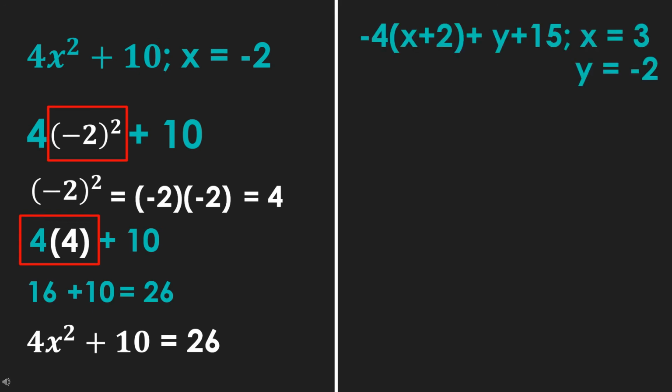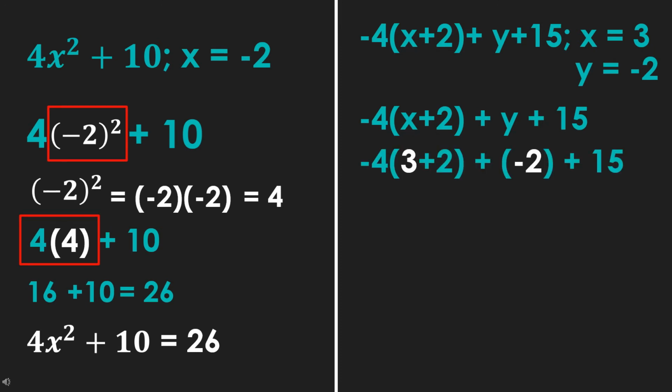Our algebraic expression now is negative 4 times the quantity of x plus 2 plus y plus 15, where x is 3 and y is negative 2. Again, we always start from replacing the variables with their corresponding value, and x is now 3 while y is negative 2.